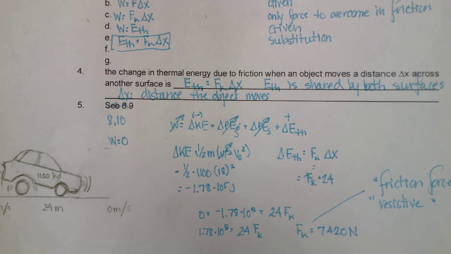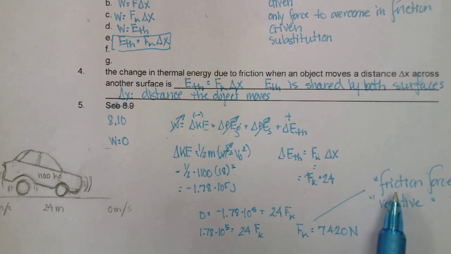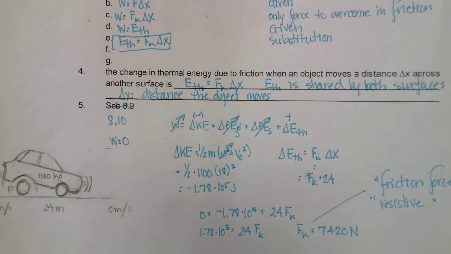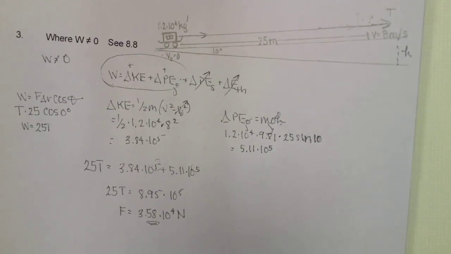It was the only thing that stopped the car, the force of friction. And if it's talking about thermal energy, that's going to be measured in joules, and it is the friction force times the length or the distance that it's traveling. But this will be called the friction force. And let's try another one on the next page.